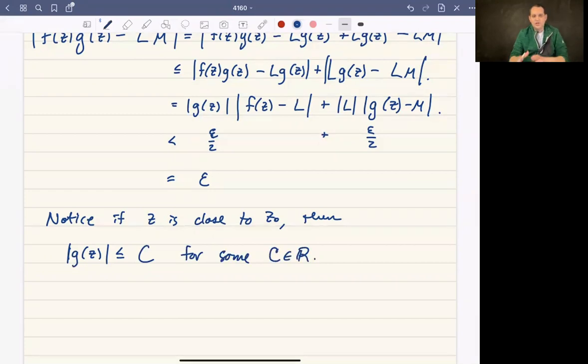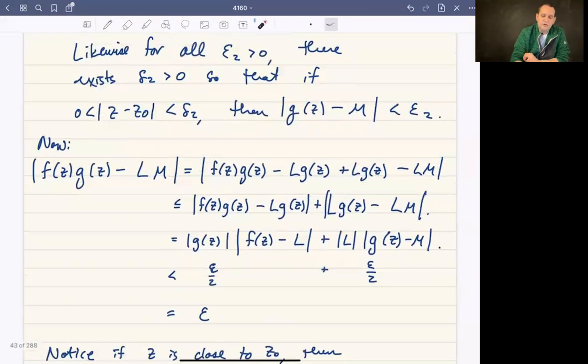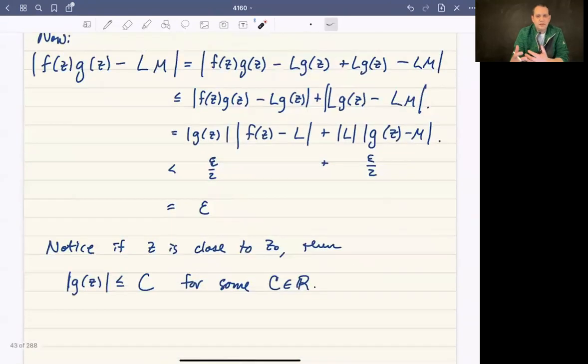So the modulus has to be contained in some disk of radius c. That's what it means to be bounded, and that has to be true given this inequality, right? g is not allowed to go to infinity because otherwise this wouldn't work anymore. Okay, so that's one thing that I want you to notice. So let's say that the maximum value that g gets is c.